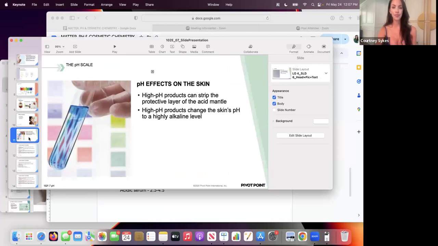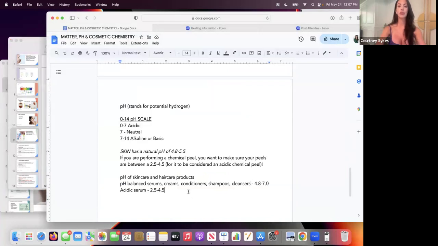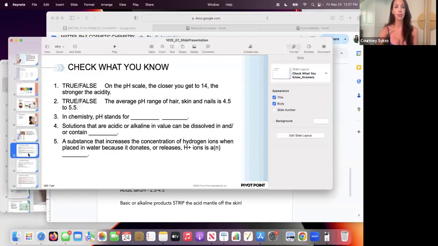High pH products can strip the protective layer of the acid mantle for sure, and high pH products change the skin's pH to a highly alkaline level. Let's put that in our notes here just to make sure we fully understand. So basic or alkaline products strip the acid mantle off the skin or the hair. Okay, we don't want that to be the case. So keep that in mind.